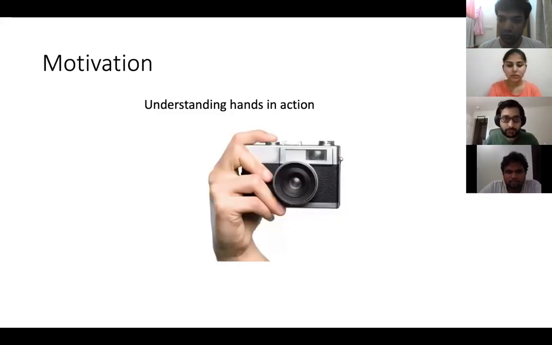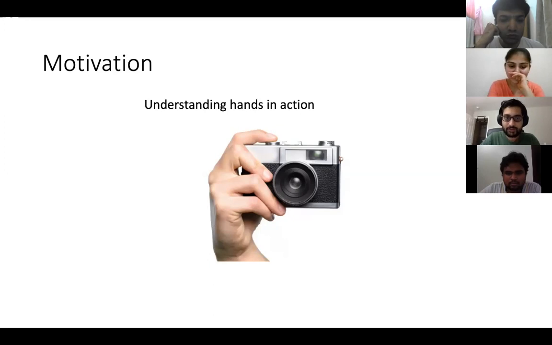Okay, so the main high level motivation is, of course, as a computer vision researcher, you want to be able to understand images and videos better, right? And even if you look at just this one image, it tells you a lot. It tells you not just that someone is holding a camera, but also that they intend to take a picture, right?